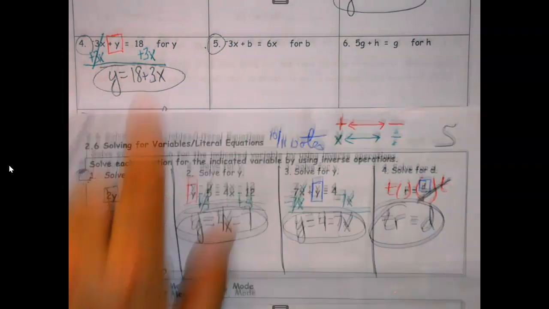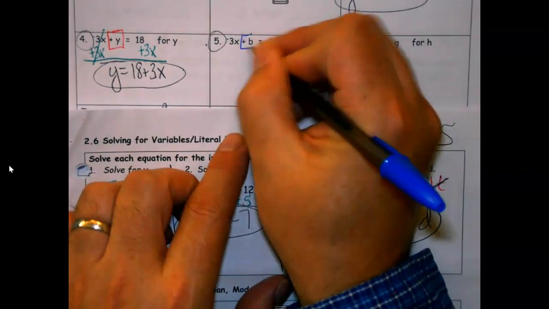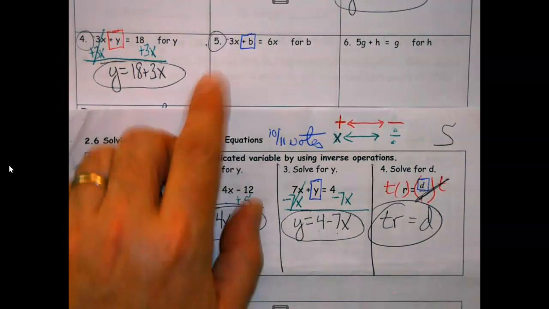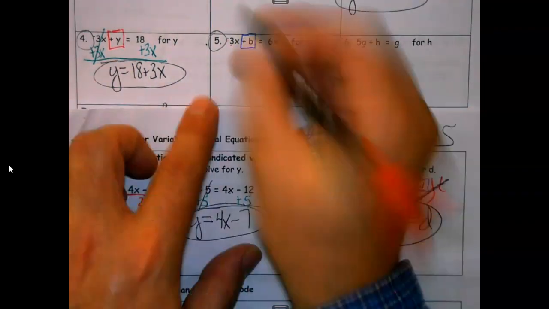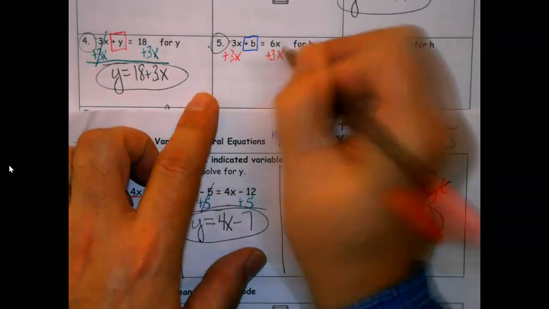They have to stay separated from each other. But is that always going to be the case? No. Because if I do 5, I'm like, okay, I'm solving for b. I'm doing the exact same thing I did on number 4. Why'd you pick this one? Oh, watch and see. The opposite of minus is plus. But here's the difference.